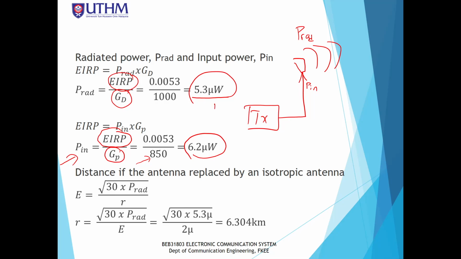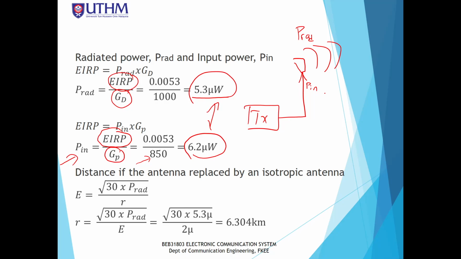The difference in power has been dissipated by the antenna as heat, maybe. Sebahagian power telah dilesapkan oleh antena dalam bentuk haba. Some of the input power has been dissipated as heat by the antenna, and most of it has been radiated away as P radiation.